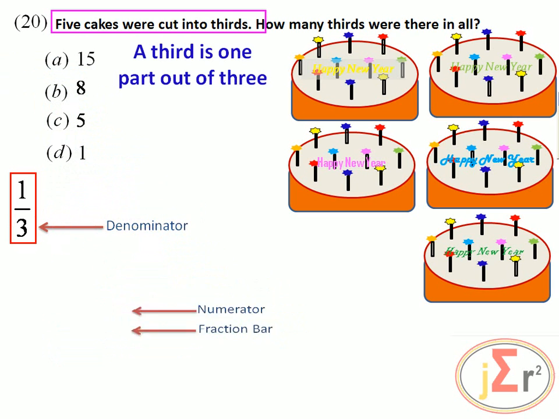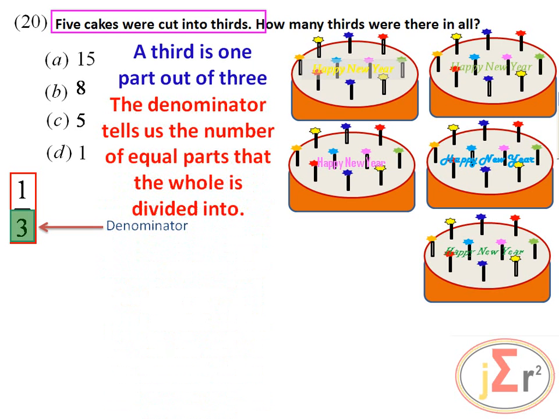We are focusing on this occasion on the denominator. And the denominator is? 3. And that tells us that each one is divided into how many equal parts? 3. Right. So the denominator tells us the number of equal parts that the whole is divided into.